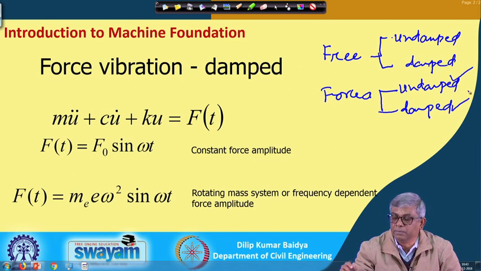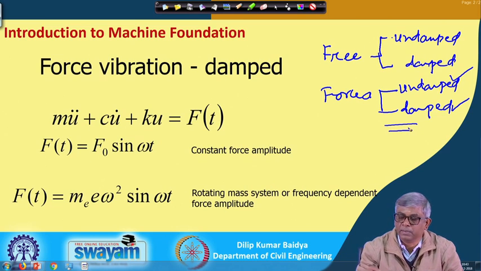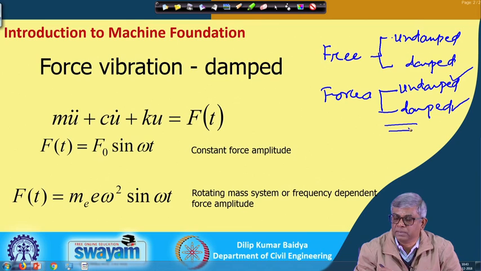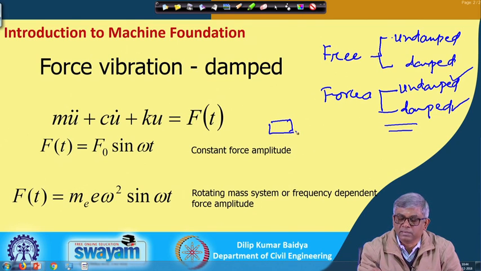Now, we are doing damped, and I have already discussed in the previous class that if you have a forced damped vibration, that means you have a system like this, with a spring and a dashpot, and this is the mass.